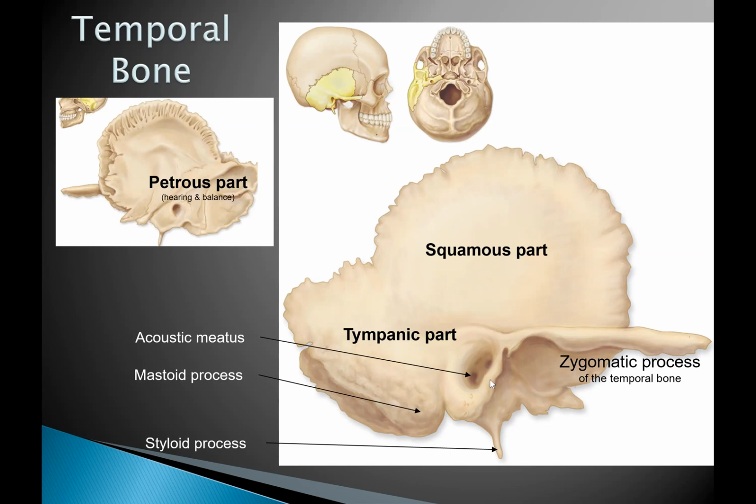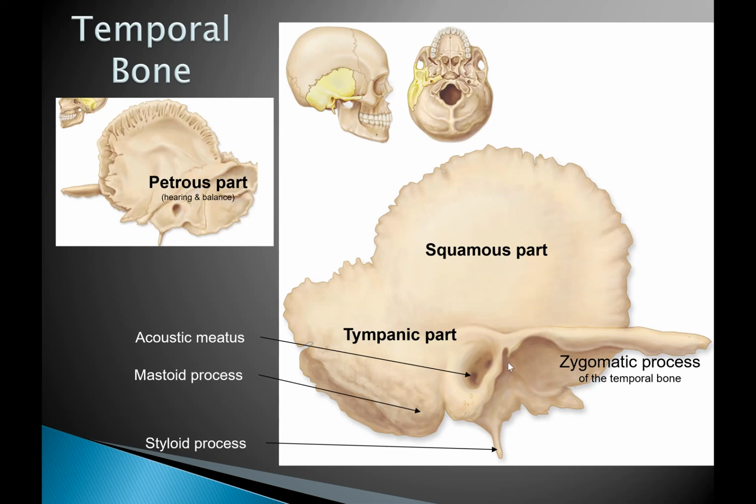As we move inferiorly, there is a little projection that comes out. This is known as the styloid process. Now, there are a lot of bones that will have a styloid process, and on the temporal bone, the styloid process is here. And then the arm that is very distinct on the temporal bone is known as the zygomatic process.